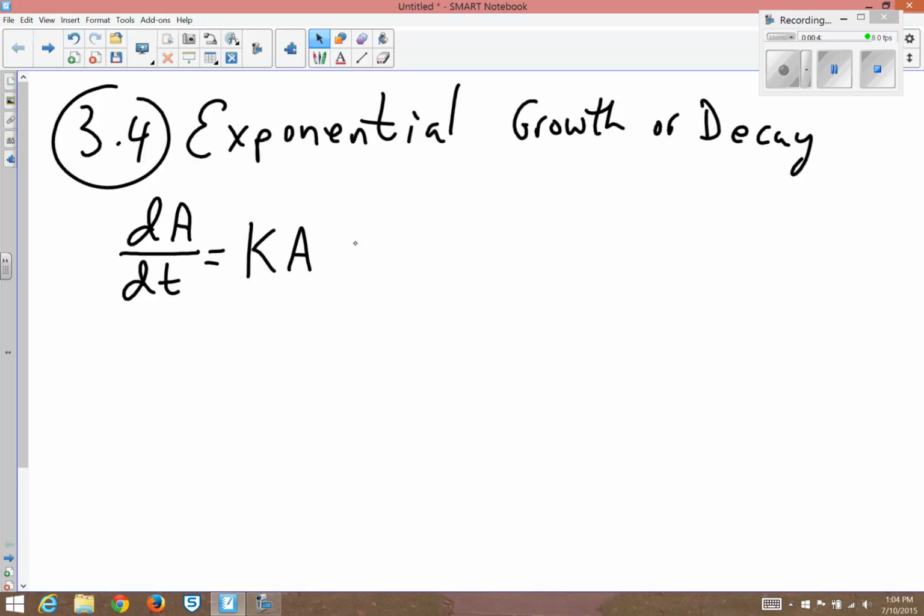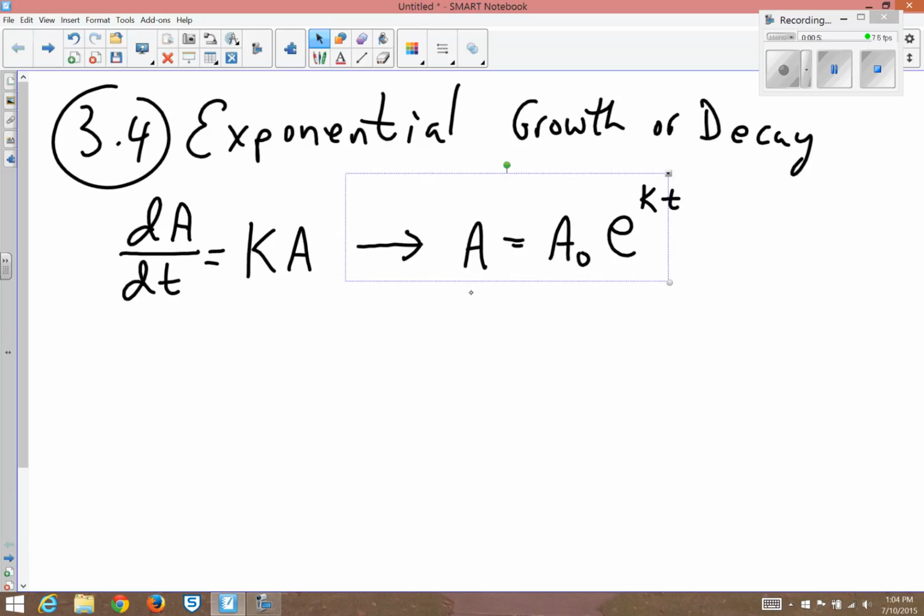And this differential equation will always have the solution A equals A sub 0 times e raised to the kt, where A sub 0 is the amount of substance present at time 0, or we call it the initial amount.